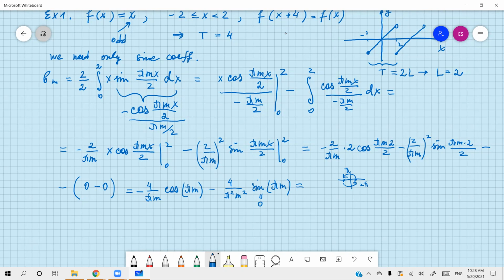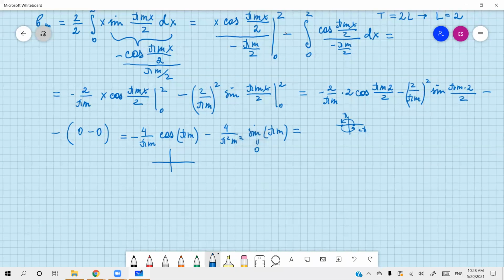Let me do the explanation for cosine. Scroll a little bit up. Cosine of pi m. Well, we are going to start with m equals 1, and the first value over here is negative 1. And then we move over here, and that's 1. And then back and forth, it's going to be alternating between negative 1 and 1, right?